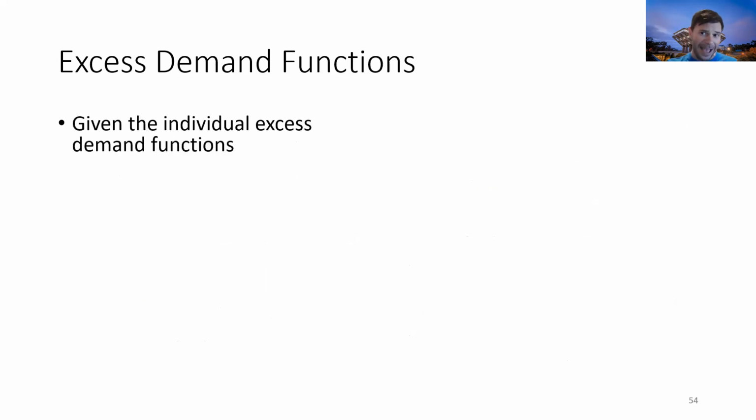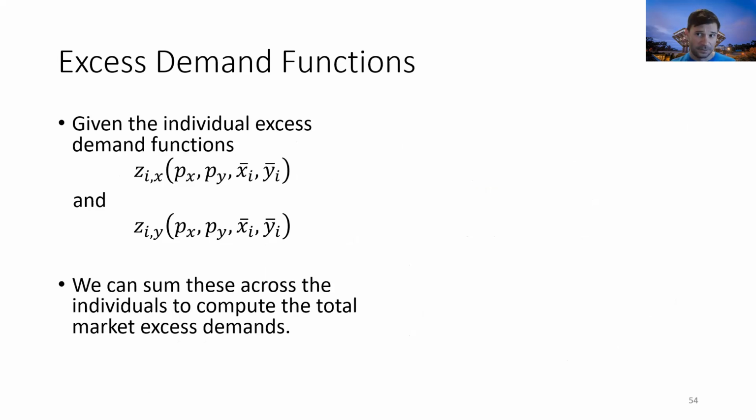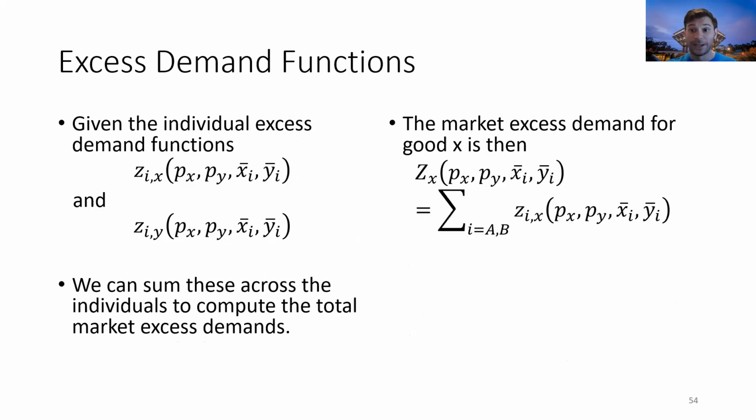Now, if we had the individual excess demands, I'm going to suggest we can add these up across the individuals to compute the total market excess demands. For example, in the market for good X, the total excess demand, I'll use the capital Z to refer to the market excess demand. We get that from just adding up the individual excess demands over the consumers in the market, which are defined just by consumers A and B in this case.